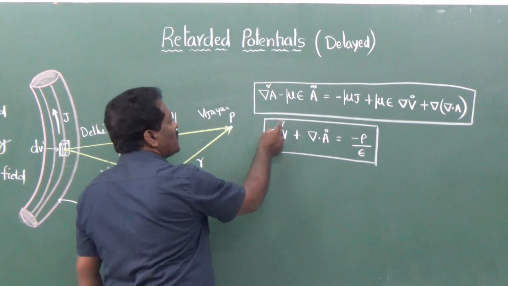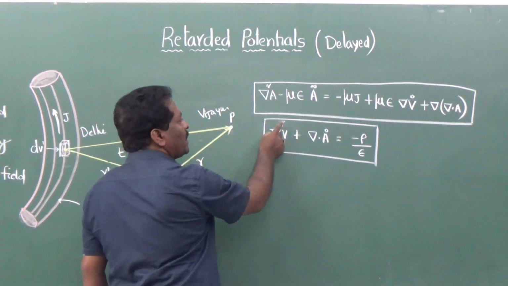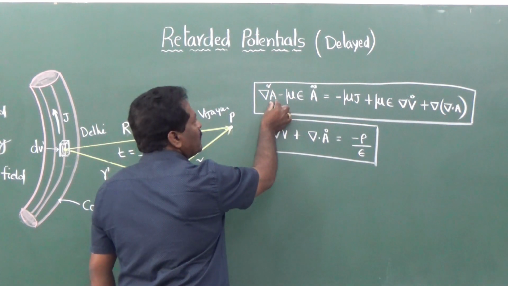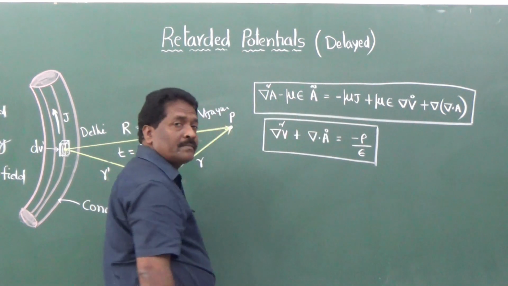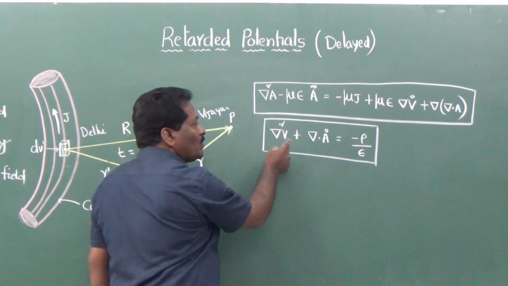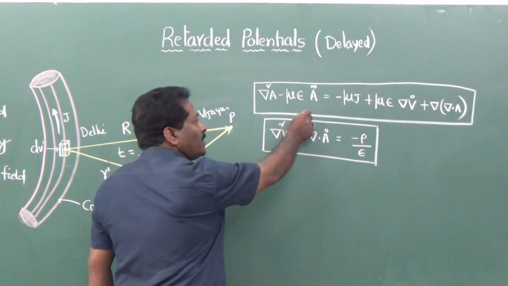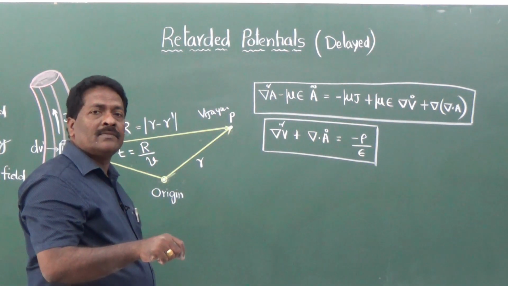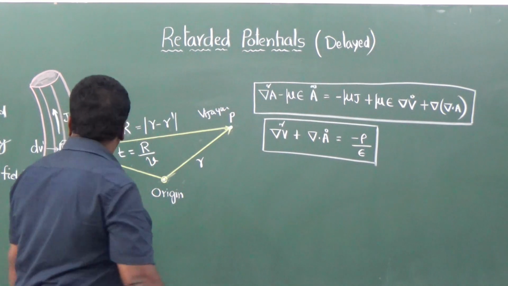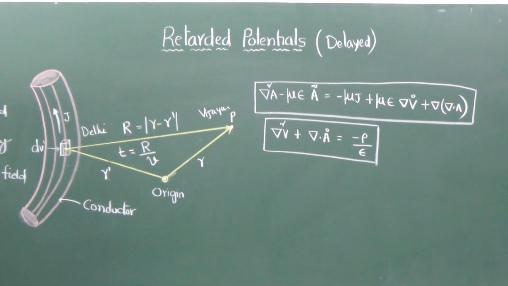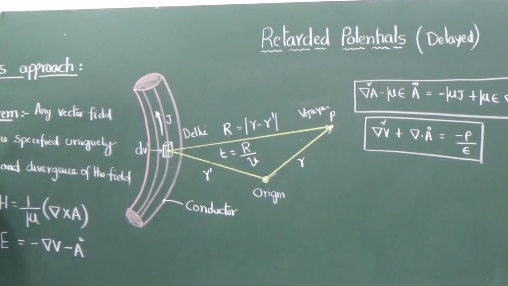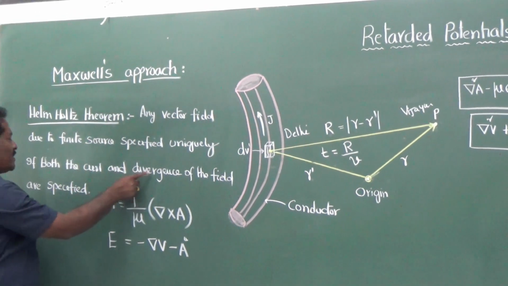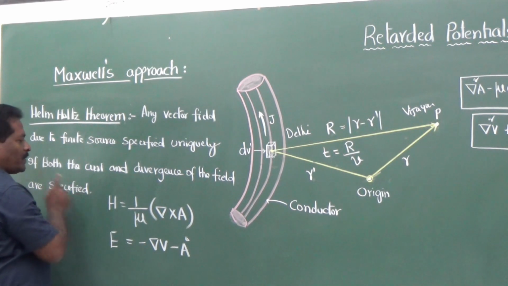From these two differential equations, we understood very clearly they are functions of two unknowns, vector magnetic potential and scalar magnetic potential, and they are not producing a unique solution. In order to get a unique solution, every vector has to be specified for its divergence as well as curl, as far as the Helmholtz theorem is concerned. Any vector field due to a finite source is specified uniquely if both the curl and divergence of the field are specified.